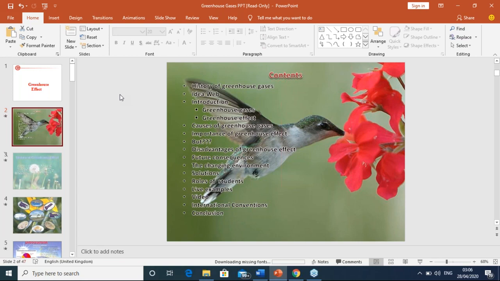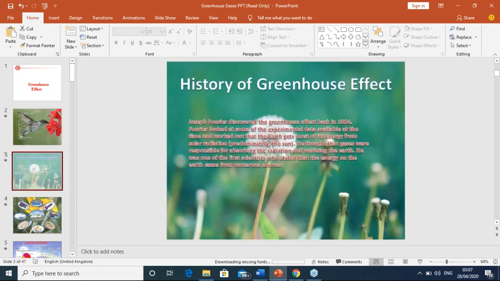And then what are the solutions? What can we do to curtail this greenhouse effect on the environment? And of course, as a student of JPTS, what can we also do to contribute to the research or the talk about greenhouse effect? Those are the things I'm going to be looking at today, and I'm hoping that I'll be able to do justice to all of that.